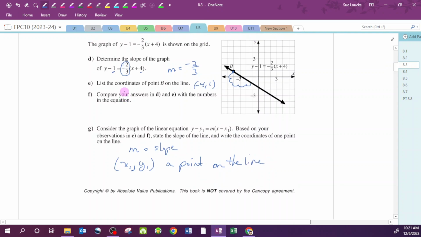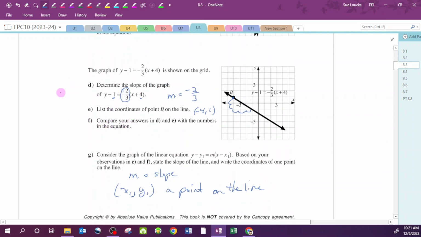Okay, so if we go back up here, if we rewrite this equation as y minus 1 equals negative 2 over 3 times x minus negative 4, then you can see that the slope is right there, and our x value is there, and our y value is here.